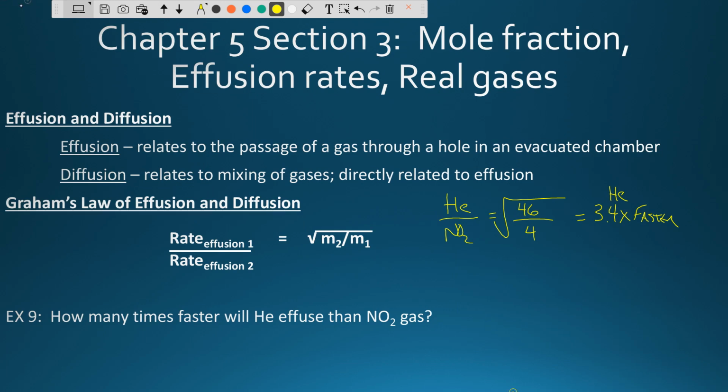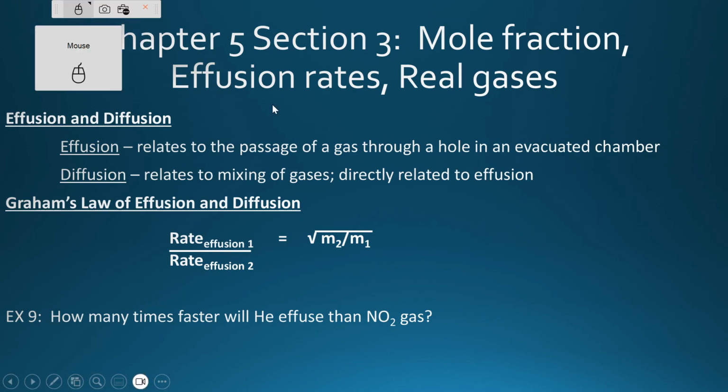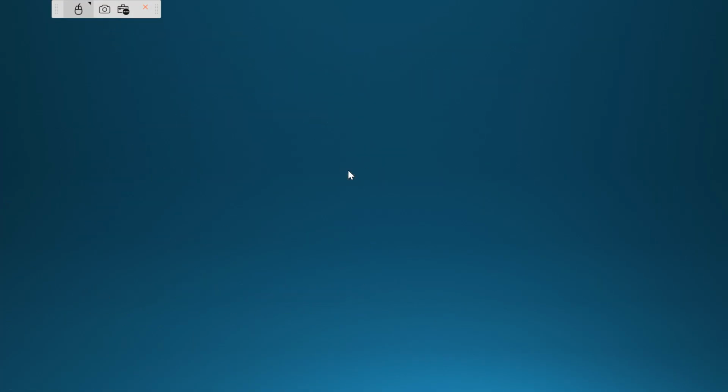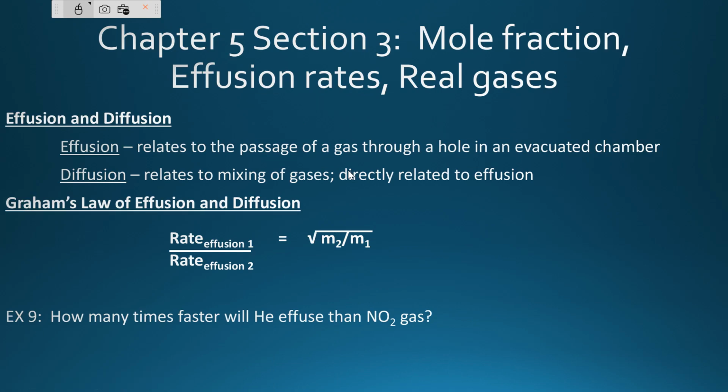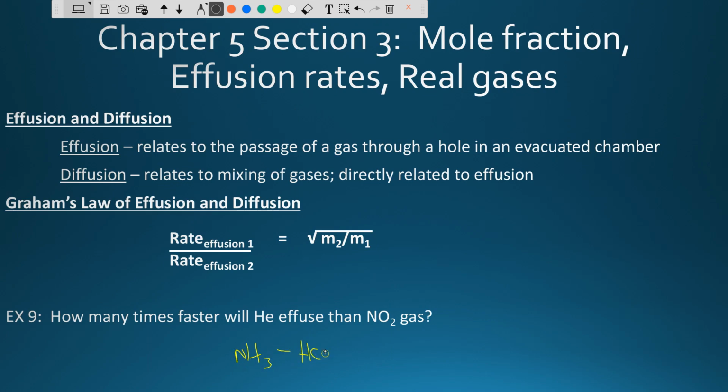I can't even remember if I've got another example in the PowerPoint. Nope, I don't. Let's do one more, comparing ammonia, NH3, to hydrochloric acid.